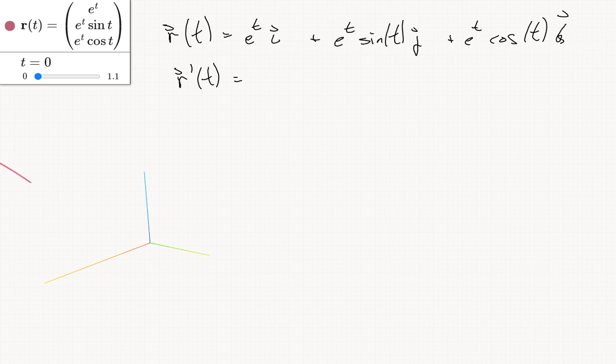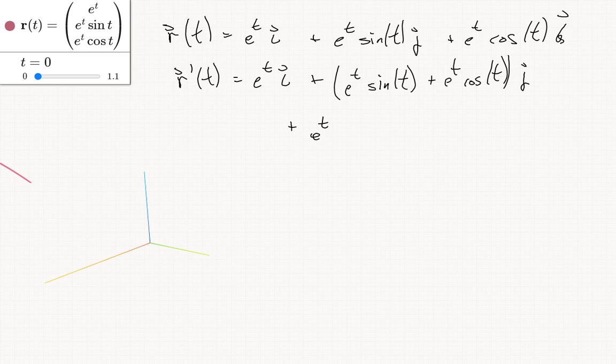So this will be e to the t i plus (e to the t sine t plus e to the t cos t) j plus e to the t, we'll just group it, (cos t minus sine t) k. So here's that tangent vector.